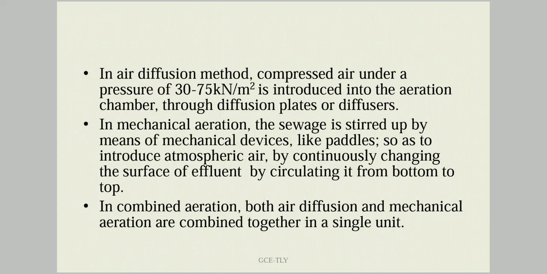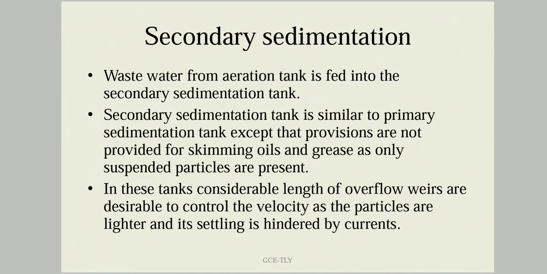We use paddles to stir up this sewage or effluent from the textile industry, so as to introduce atmospheric air, by continuously changing the surface of the effluent. We are circulating from bottom to top and mixing it, which facilitates mixing with atmospheric air. In combined aeration, we use both air diffusion and mechanical aeration in a single unit.